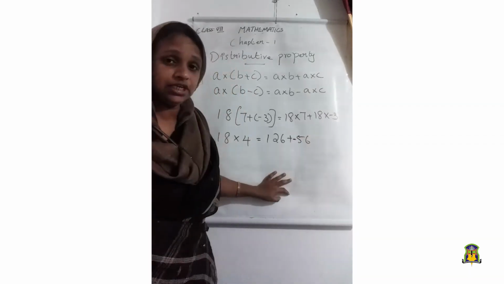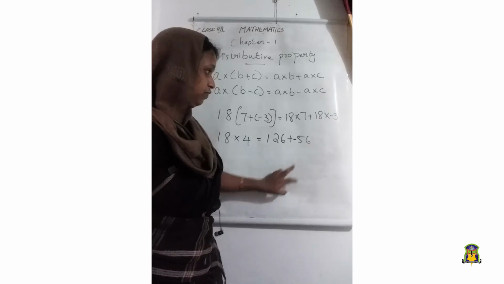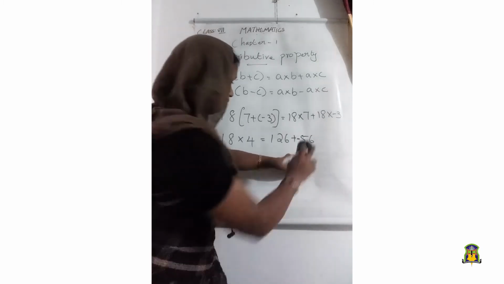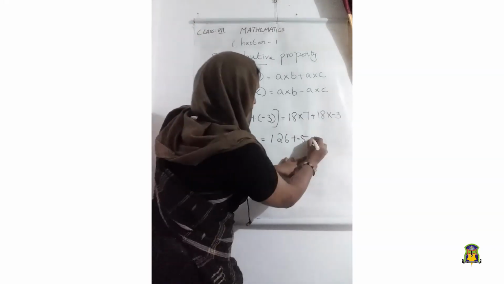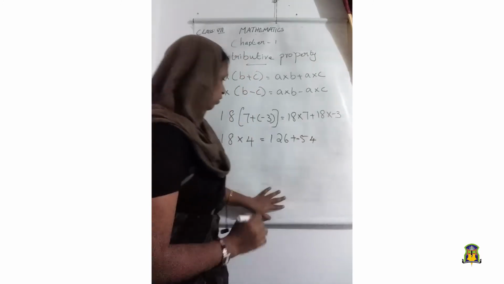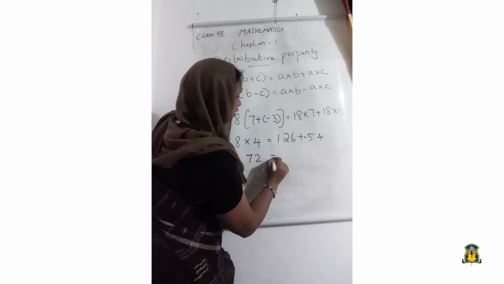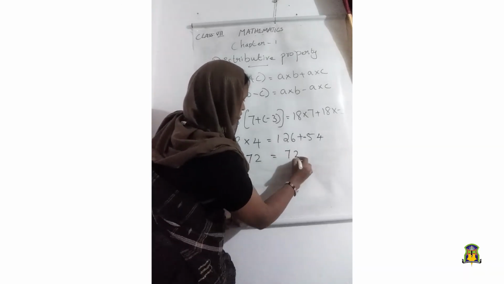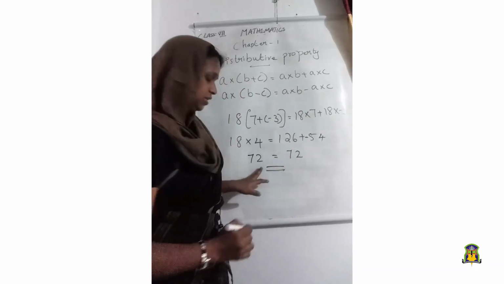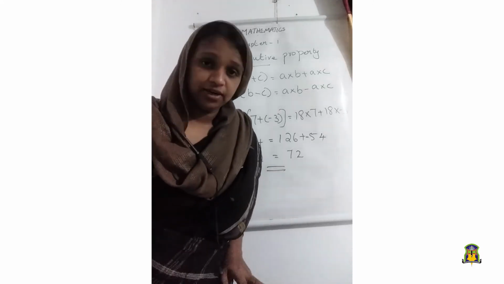Isn't it? Now 18 into 4 is 72, and on the right also 72. So see, LHS equals RHS.